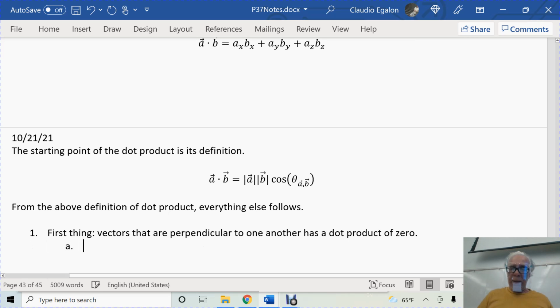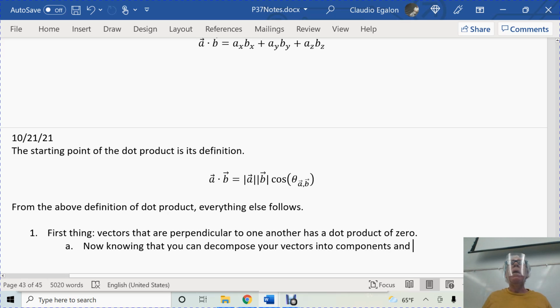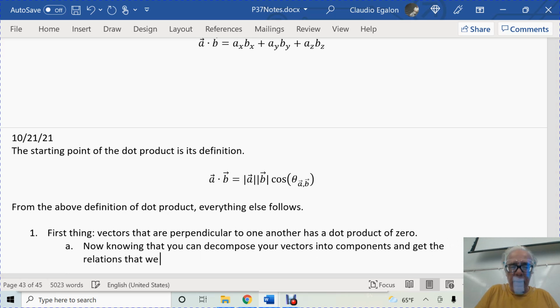Now, knowing that, what's going to happen? Knowing that, you can decompose your vectors into components and get the relations that we got before, right?